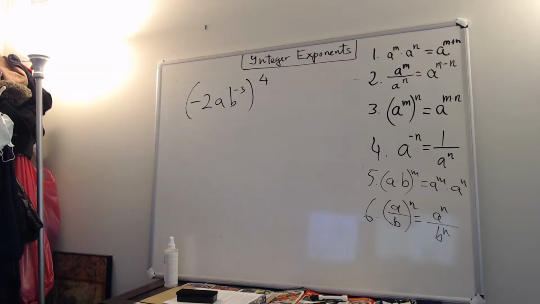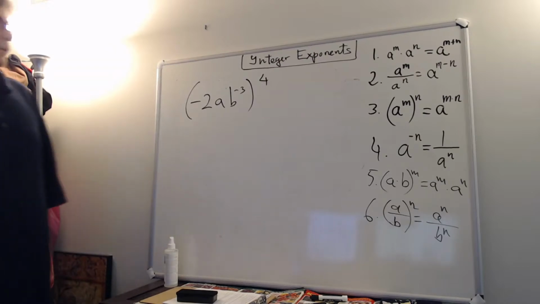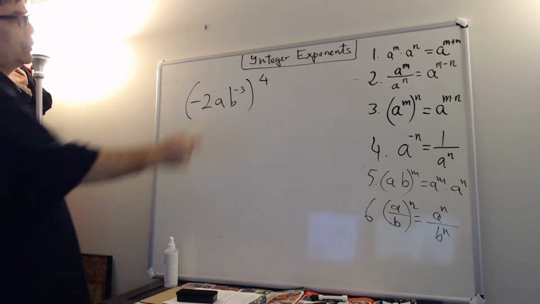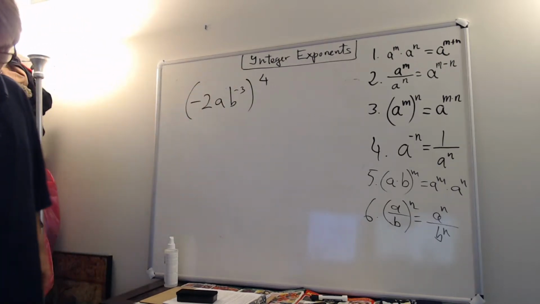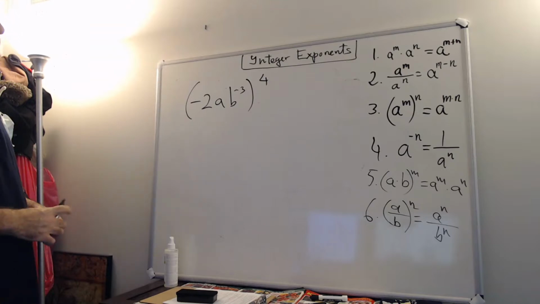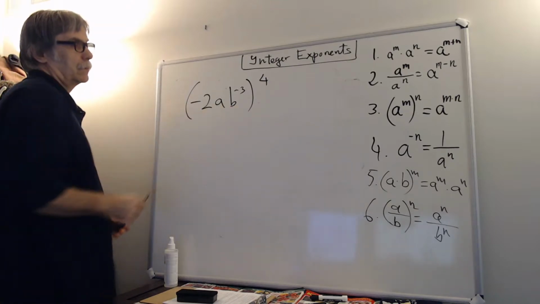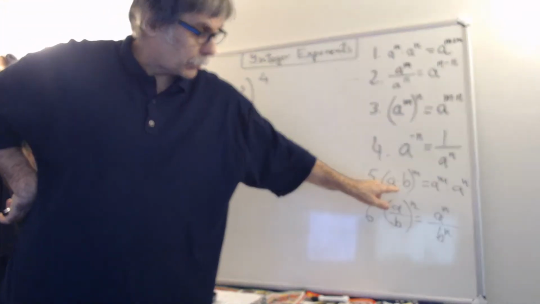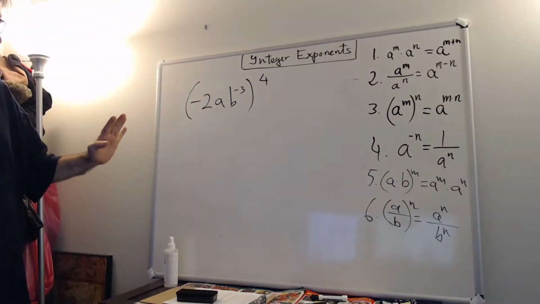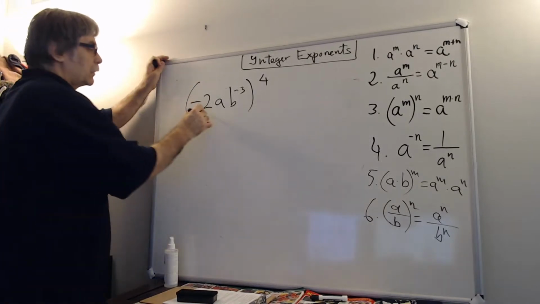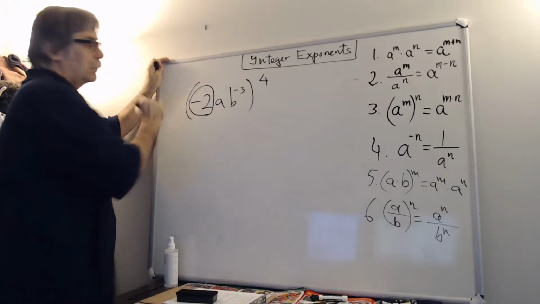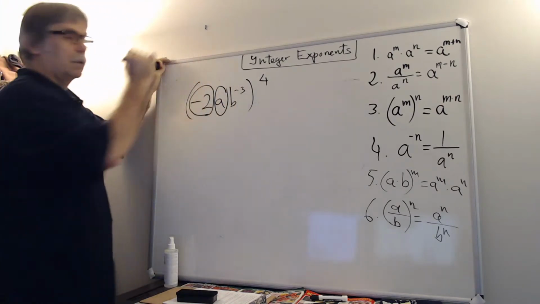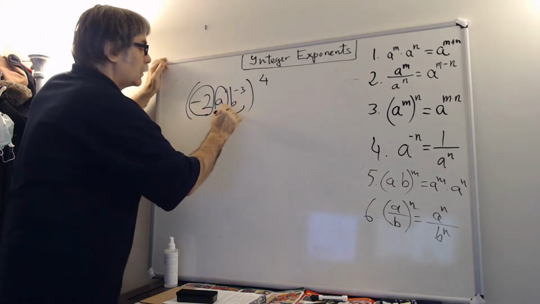Well, we could do something inside first, or we could do this guy first, which is the power of a product. Now, where do we have that? We have that here, power of a product. So what product are we talking about? We're talking about 3 things. This one here, this one here, and this one here.